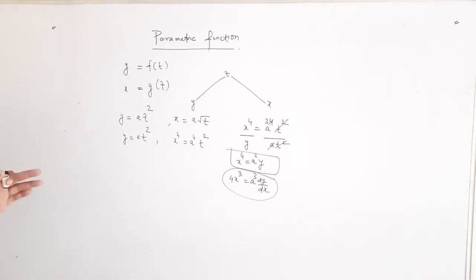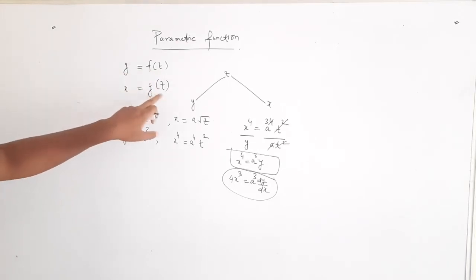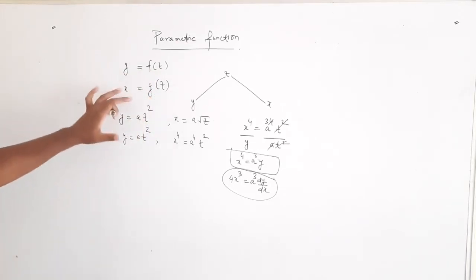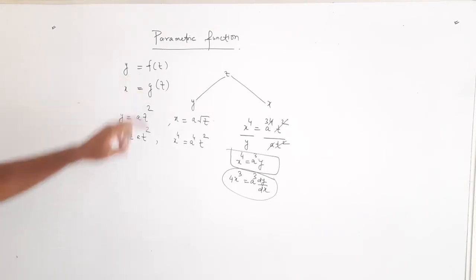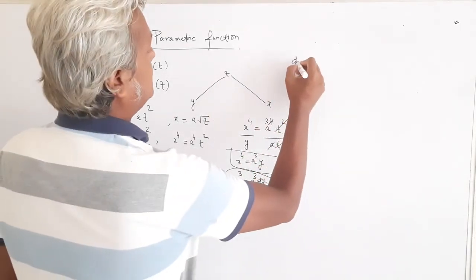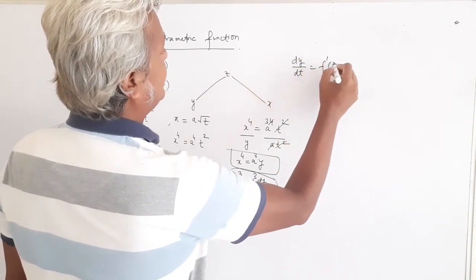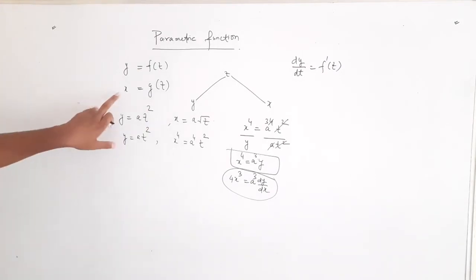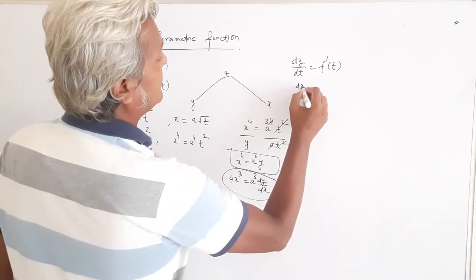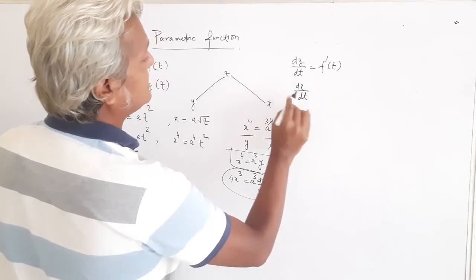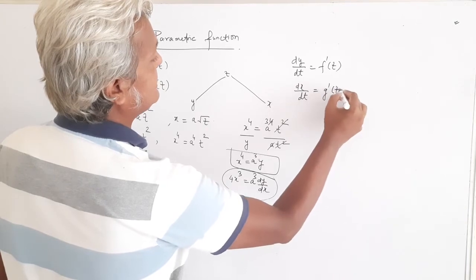Then a simple way is that since y is a function of t and x is a function of t, like both are functions of t, you can differentiate y easily with respect to t. So dy over dt is simply f dash t, and then x equal to g(t). So dx over dt, if you differentiate x with respect to t, can be written as g dash t.